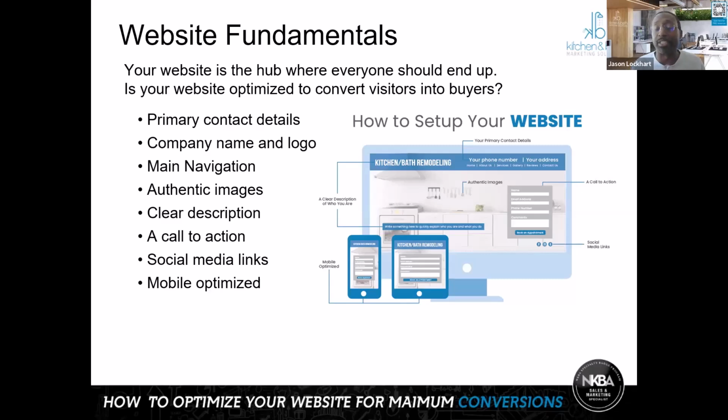What that means is that the above the fold is anything they see right when they enter the site, before they have to scroll up or down or click on any other page. So all this is information they should see. They should see your primary contact information. You should have a number somewhere at the top because remember, 80% of search starts on a mobile device.